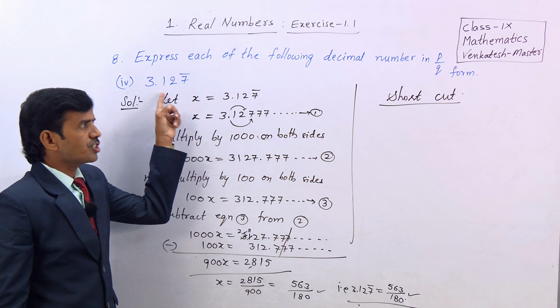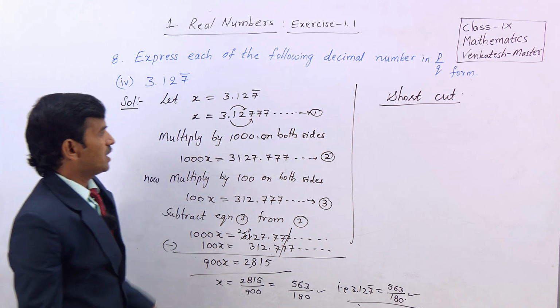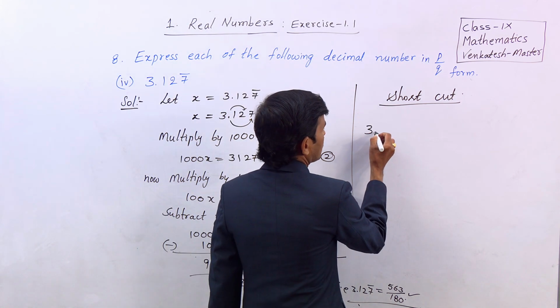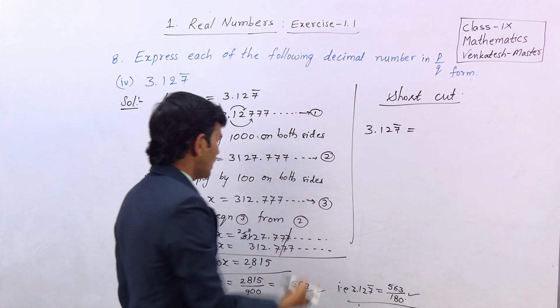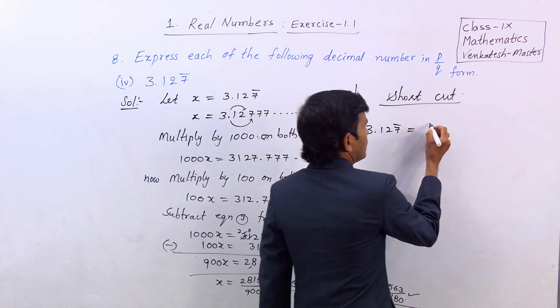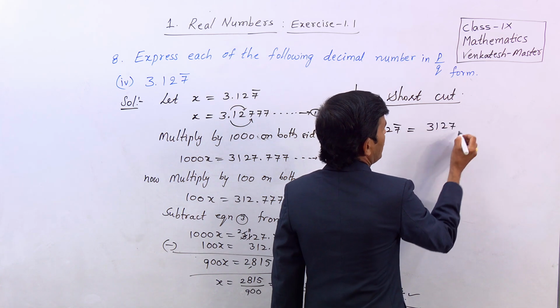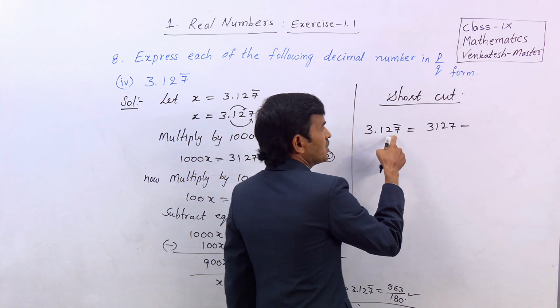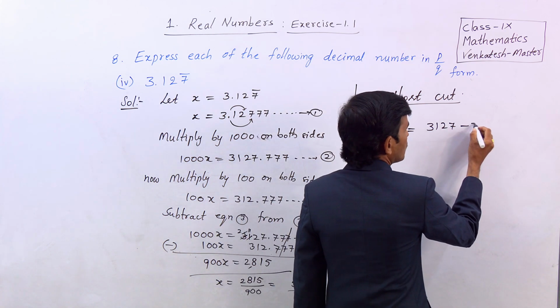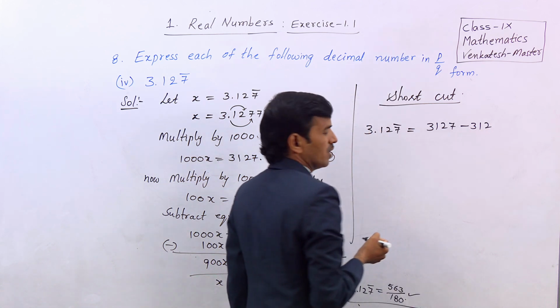We can find the solution by a shortcut. What is that? See here, very simple, 3.127 bar. First we need to write all the digits, 3127, minus the digits which are not recurring, that is 312.